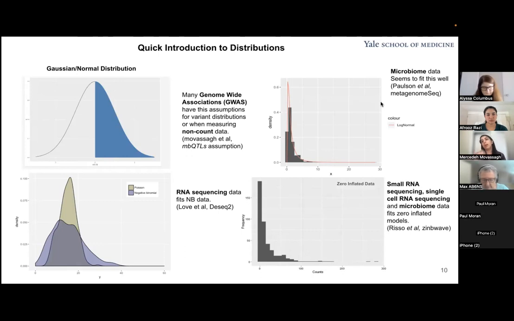To the right, you have a log normal distribution, where a lot of microbiome data seems to fit really well. Paulson et al. show in their package MetagenomeSeq that you can fit 16S RNA data really well to this distribution. And I'm pretty sure you're all familiar with the negative binomial.